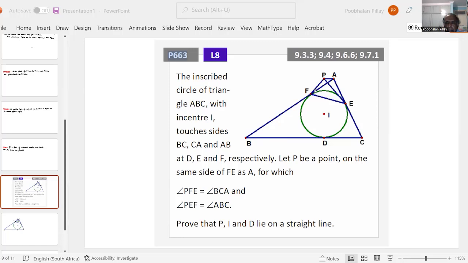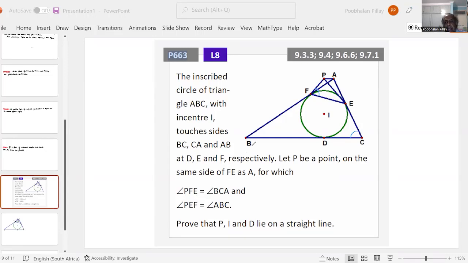So you have PFE, this angle here. Let's just draw that. This full angle, that angle PFE, equals BCA. So it's equal to that, right?